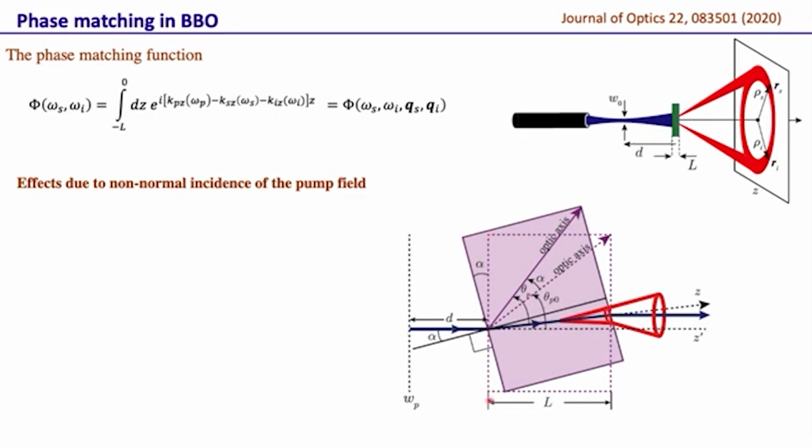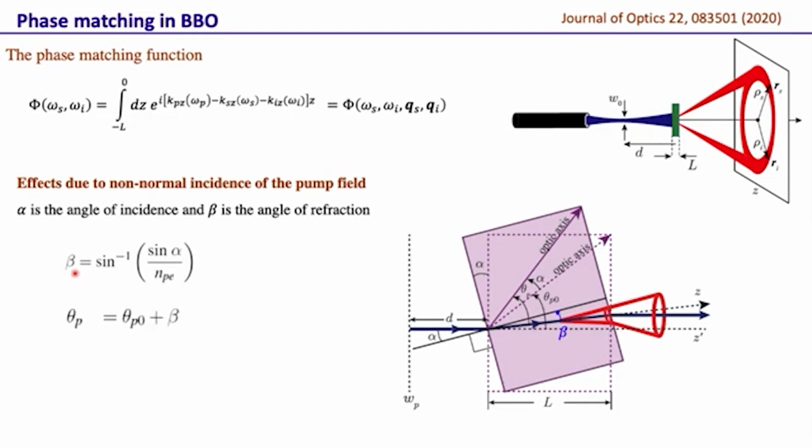If the crystal is oriented in such a way that the pump is coming to the crystal at normal incidence, then of course it just goes straight through. But if the crystal is tilted with respect to this incoming pump at an angle alpha, then there will be a refraction of this pump inside the crystal. If alpha is the angle of incidence of the pump field, then beta is the angle of refraction, and we can calculate and show that this beta is inverse sine of sine alpha over NPE.